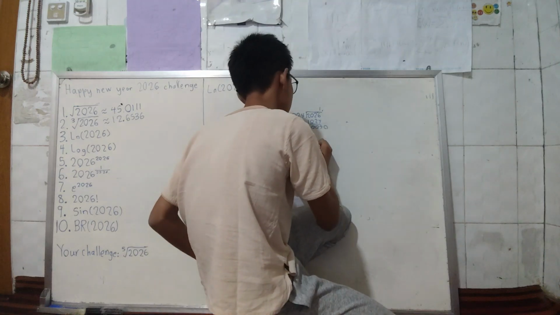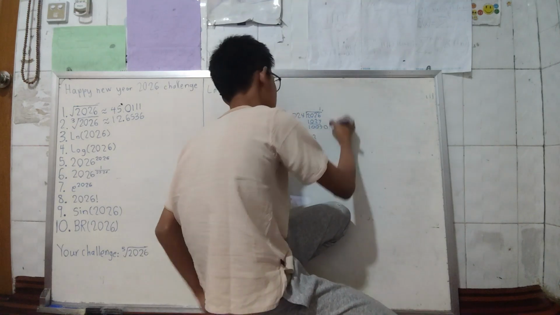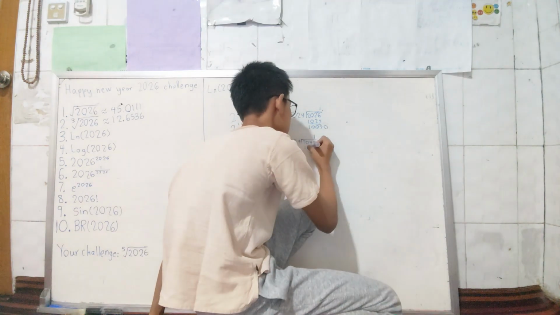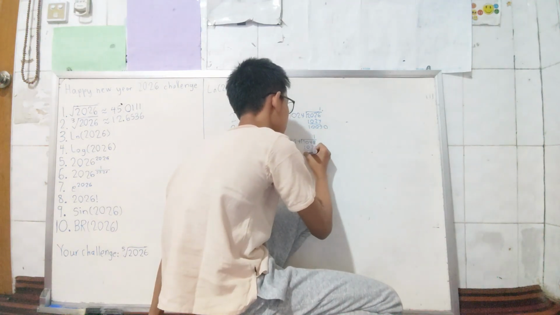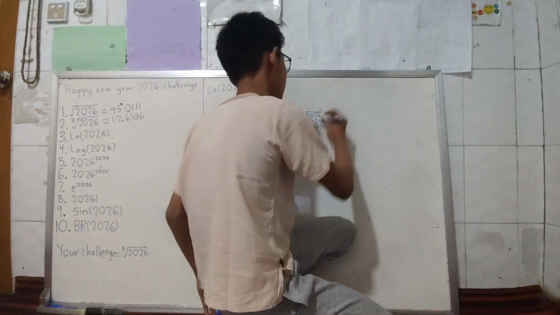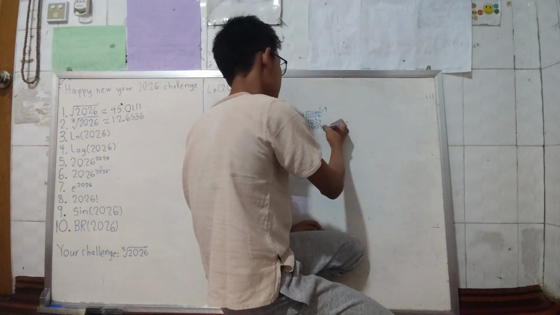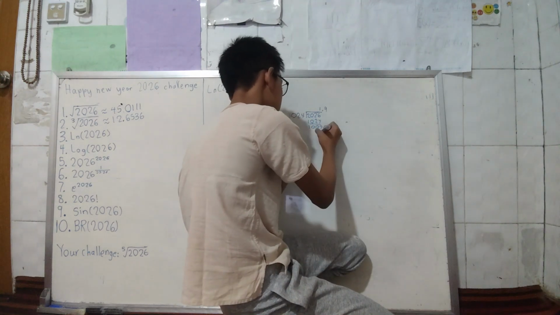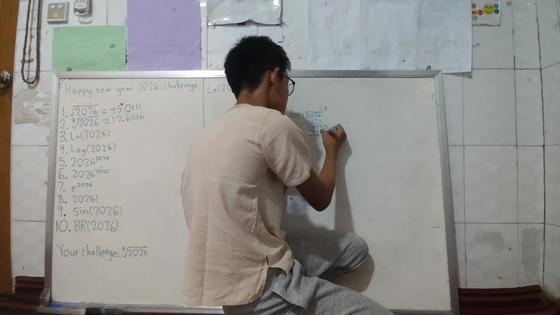But what about 2026? It should be just less than or equal to 9, right? 1024, 10. Oh yeah, I was confused. So that's going to be 1.9. 4 times 9 is 36. And then 2 times 9 is 18. That's going to be 21. That's going to be 9 right there.